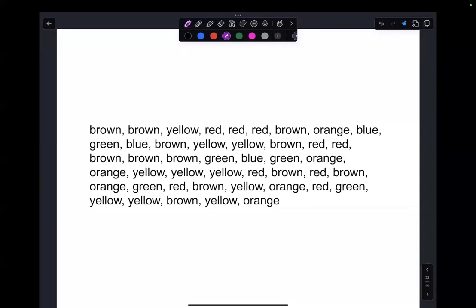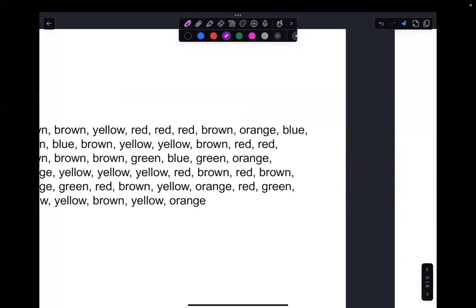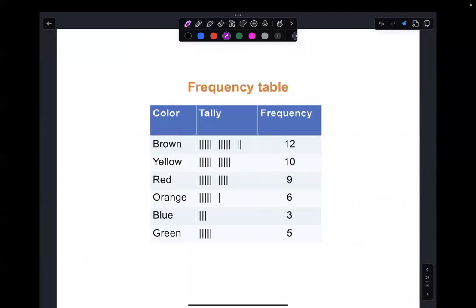It's kind of hard to tell how many of each one we have, so we're going to organize it. I'm going to use tick marks, which you don't have to show me when you create it, but it's just a great way to organize it and to put it in a table. Don't write all these down. So here we go. This is a frequency table. I listed all of the colors of M&Ms on the left, just listed them all out nice and pretty.